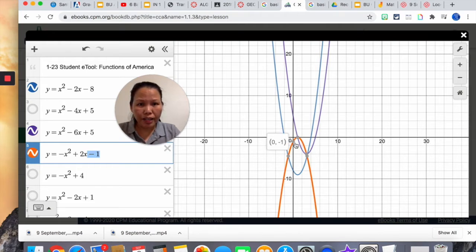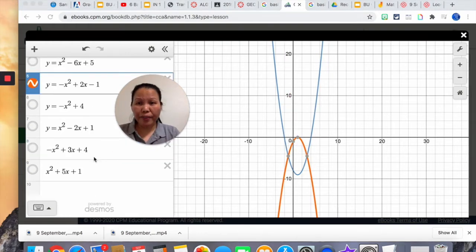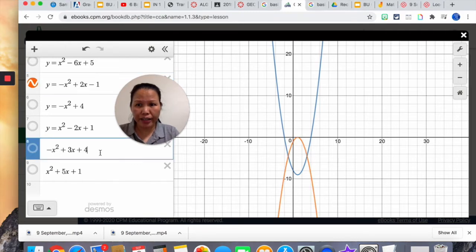So let's take a look. This is -1, 0, -1. I took off some of the graph, and we are going to continue with another negative graph, which is down right here. If you guys notice the function I highlighted for you, if we graph it and we get the +4 to be the y-intercept, then it will be 4 units up on the y-axis.